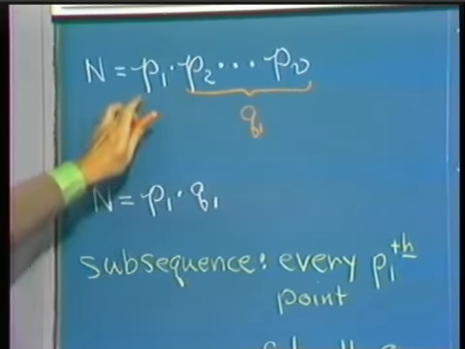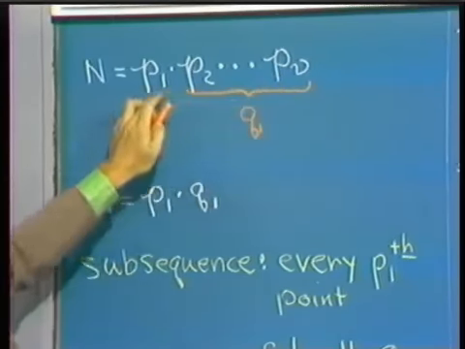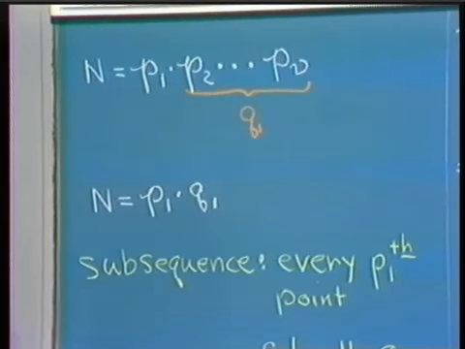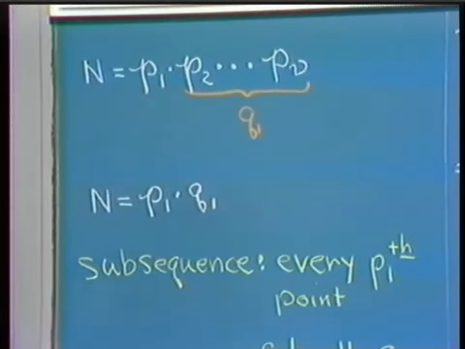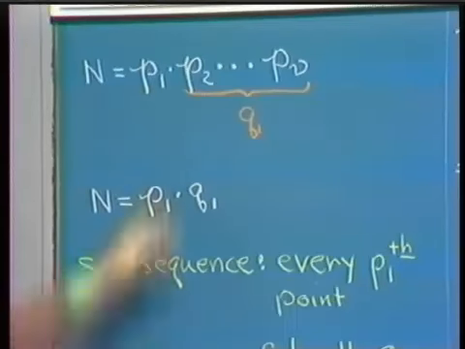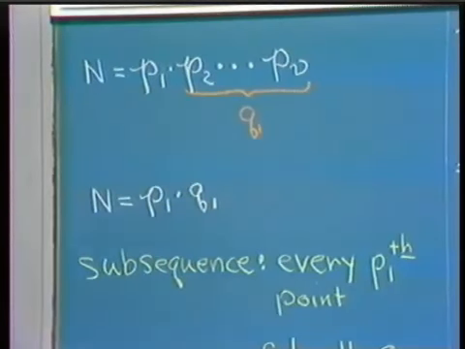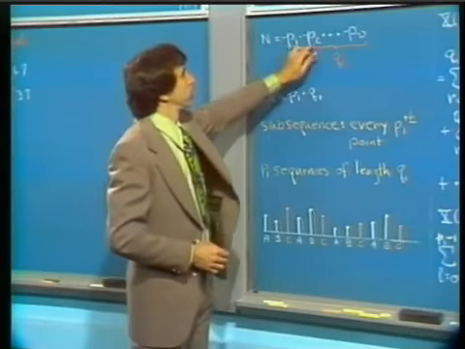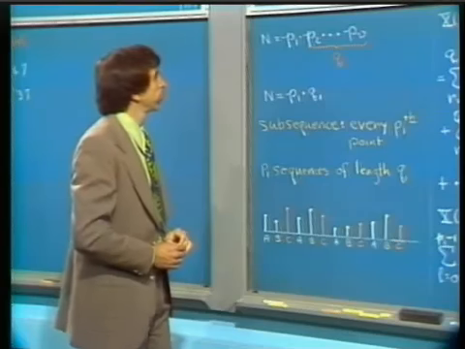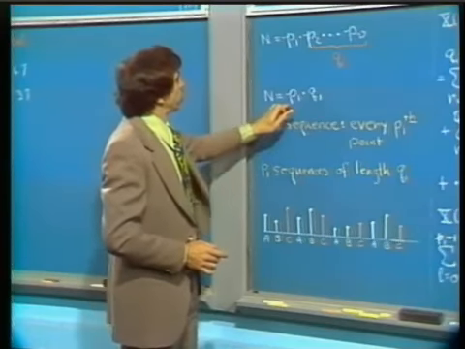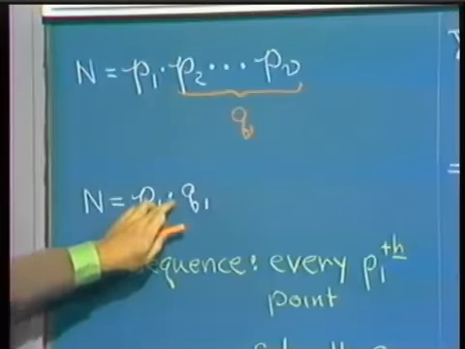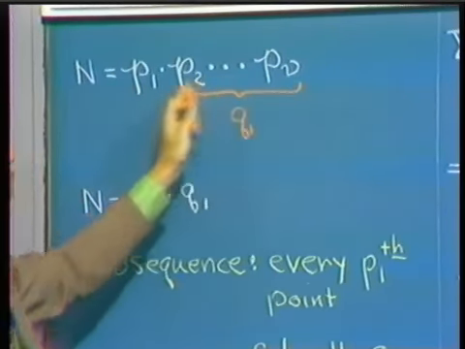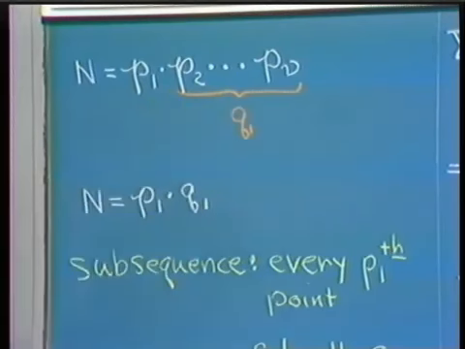In that case, generally, one would think of these numbers as primes, since that is the biggest decomposition of any number that we can carry out. But in fact, for the derivation, it is not a requirement that the p's be primes. So let's think of N as decomposed as a product of p1 times p2, et cetera, through p sub nu, which we can alternatively write as p1 times q1, where q1 is then represented by the product of the remaining terms.